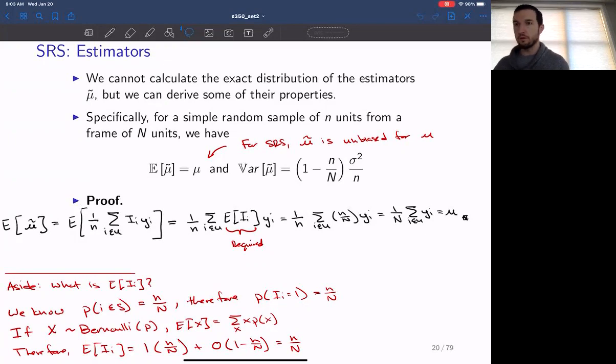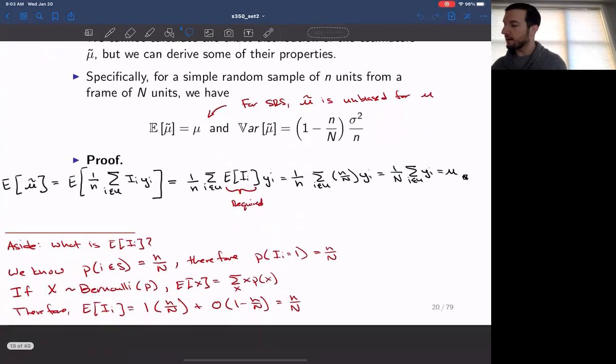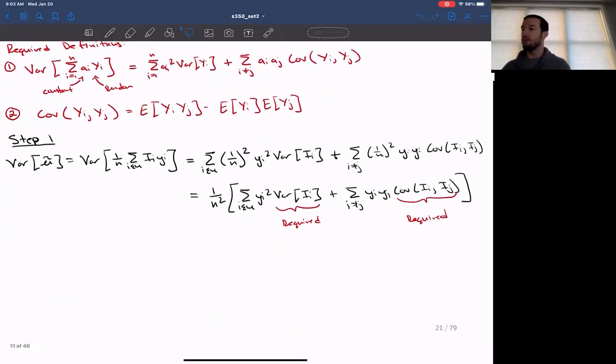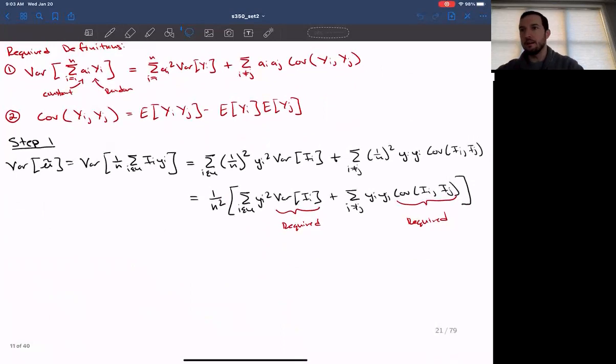So what we started to work on last class was the proof for the variance. The idea here is very similar. When we set up our equation, for example, I have step 1 here, the variance of mu tilde. We can think of this as the starting point.